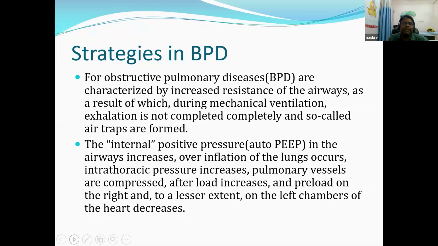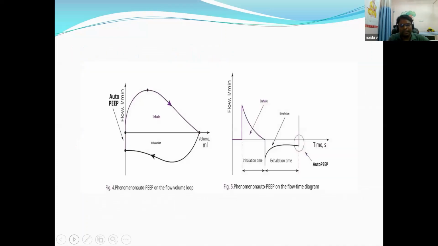It increases the afterload on the right ventricle, and to some extent the left ventricular preload also decreases. In auto-PEEP, the inspiratory limb is completed, but the expiratory limb doesn't reach zero, and a small amount of air is left in the lungs.